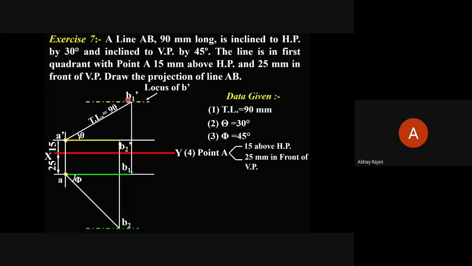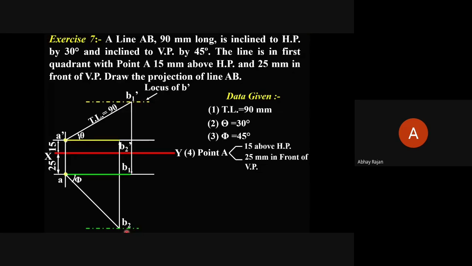If you draw a parallel line through this B1 dash point and a parallel line through this B2 dash point, one end point of our final projection will be somewhere on this line. We don't know where, but somewhere on this line.